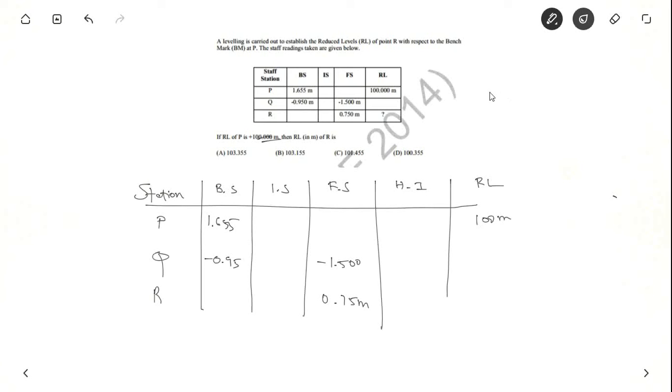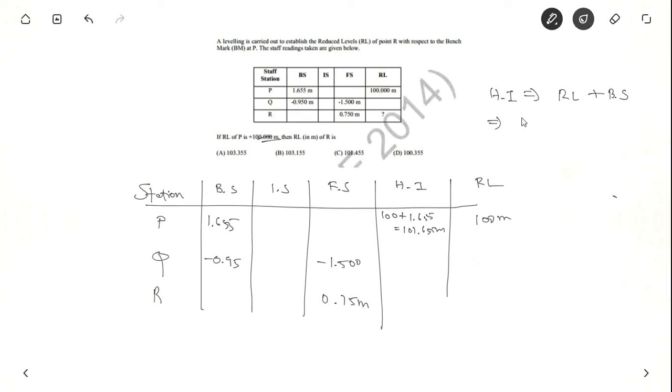So what is height of instrument? Height of instrument is nothing but reduced level plus backside. So 100 plus 1.655 equals 101.655 meters. So this is the height of instrument at point P. Now we have elevation of next point.